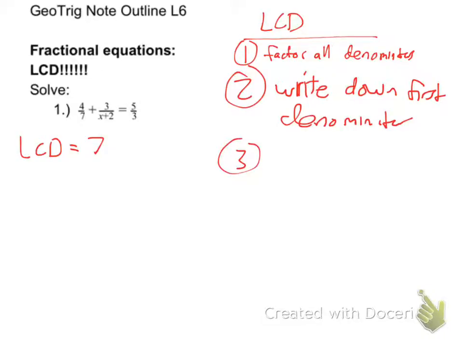Step 3 says, looking at the next denominator, ask yourself, is it there? And if it's not, multiply in what's missing. So I'm going to put multiply in what is missing from others.